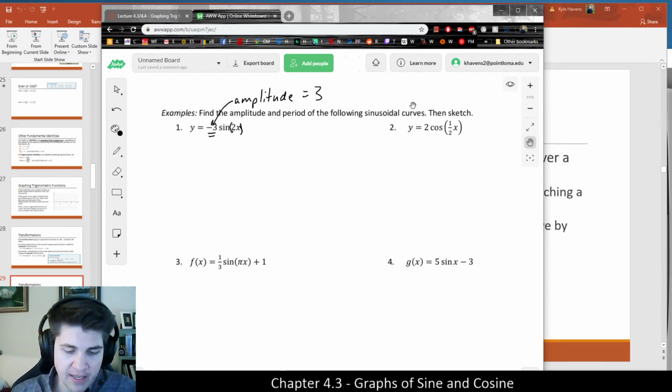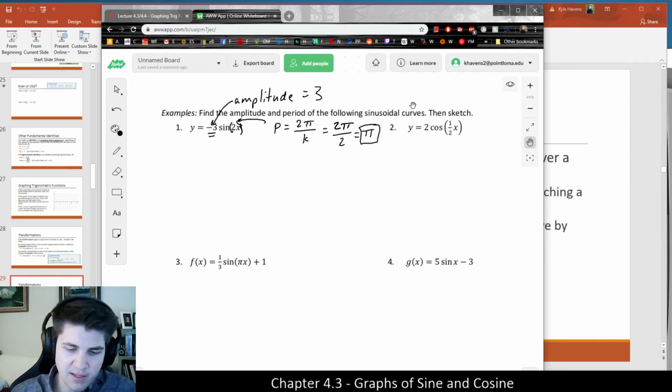And then the number on the inside will affect the horizontal stretch or shrink, which in this case, I find it helpful to use the formula period is equal to 2 pi divided by k for sine and cosine, because the baseline period is 2 pi, and it will always be shrunk by a factor of that multiplier. So since it is 2, that would be 2 pi over k, which is just that 2 on the inside. And that would be 2 pi over 2, which is, of course, just equal to pi.